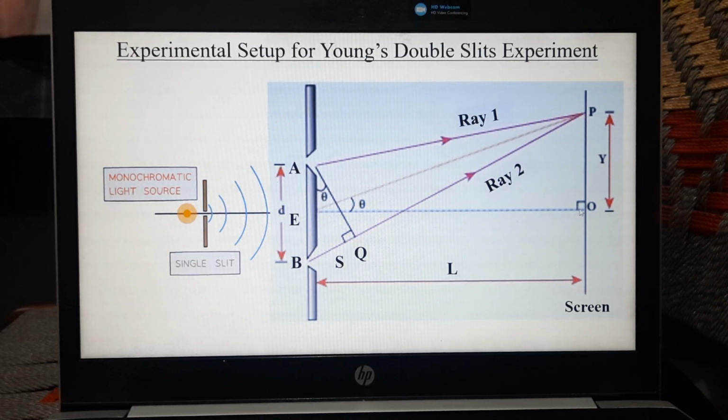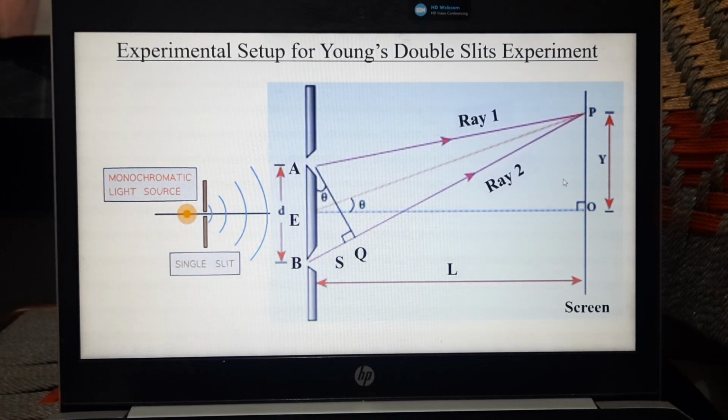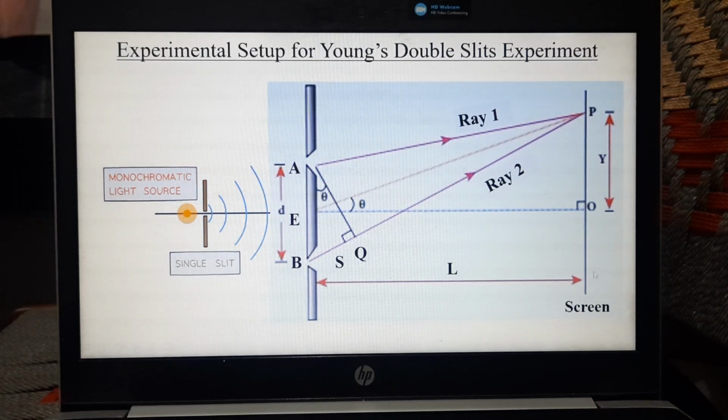By symmetric, I mean we will have some regular pattern, like if the midpoint at the screen is a bright point, means if it is representing the constructive interference, then the next spot will be dark, then bright, then dark, and so on. We will be obtaining the alternate bright and dark spots above the mean position as well as below the mean position.